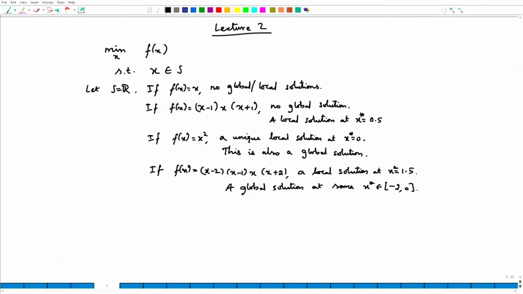So, now we ask two questions. One is regarding the existence of a global solution or a local solution. That is, given a problem, how do I find whether there exists a global solution or not.